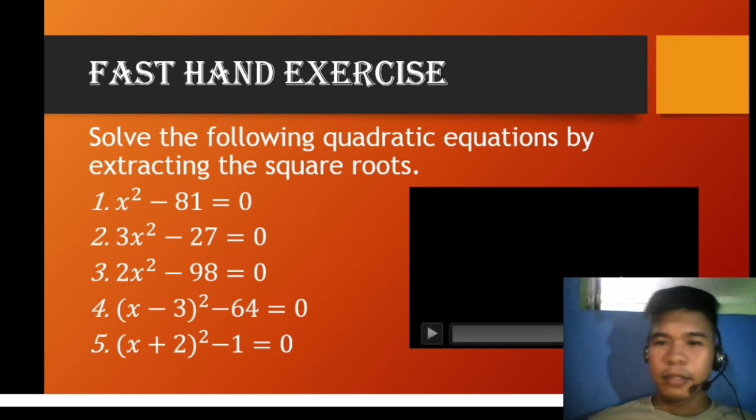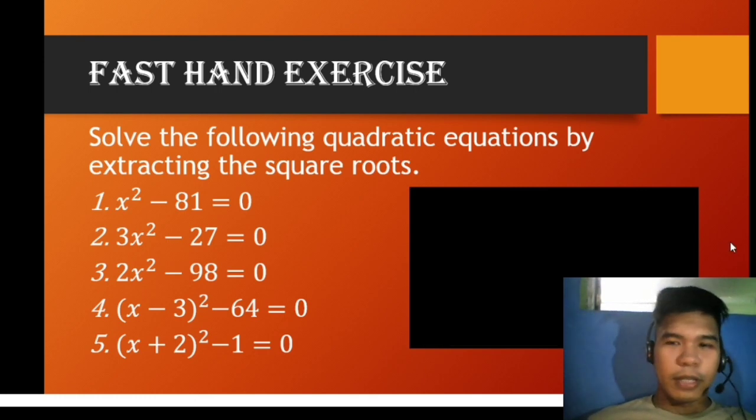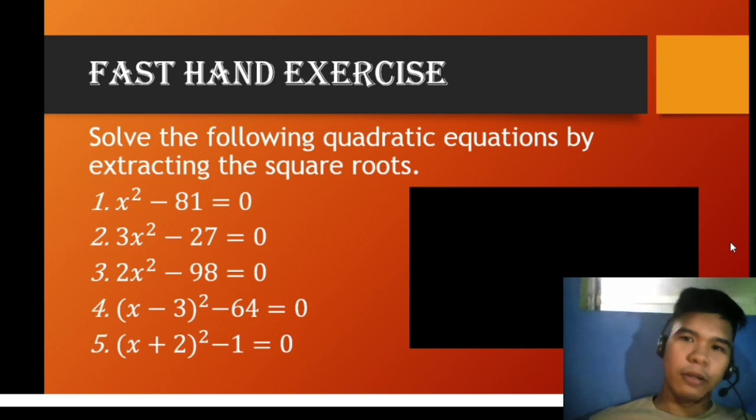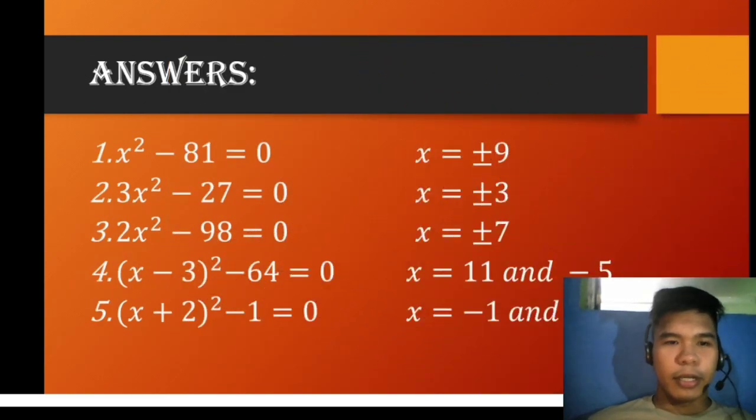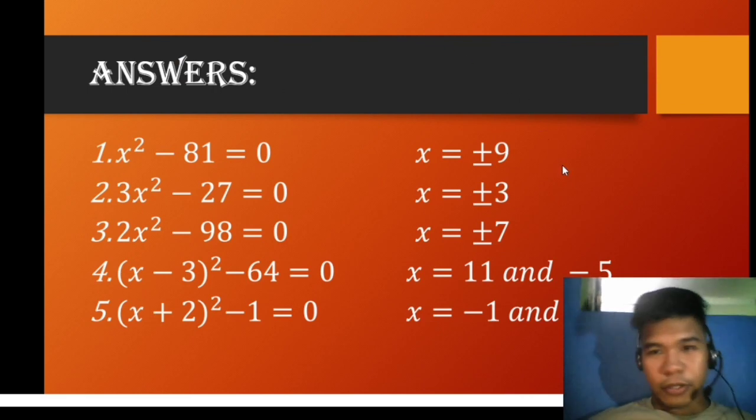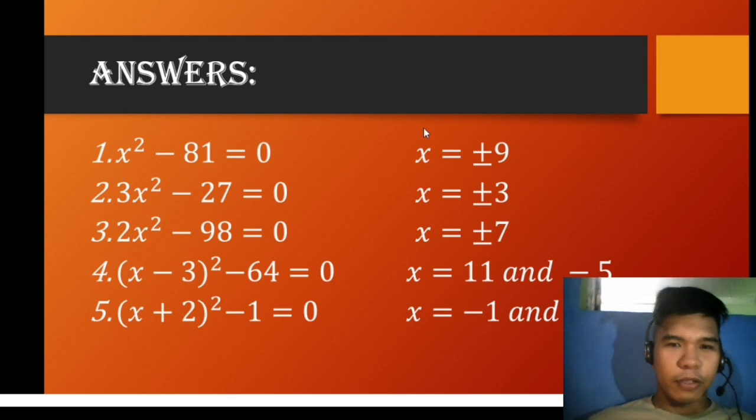Okay, that's it. Okay, so this time we're now going to check your work. Okay, here are the answers. So you could have 2 points for each item. For number 1, we have x equal to positive and negative 9. Okay, check your work.